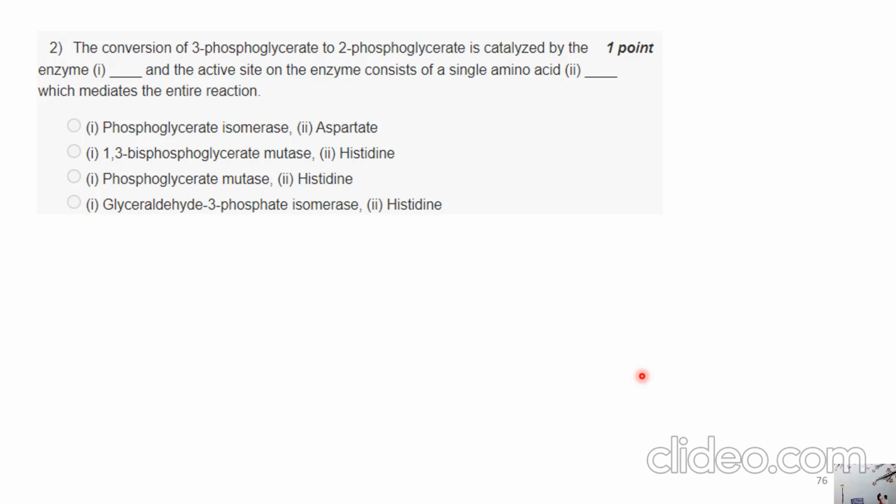We'll check the glycolysis pathway. So the answer is phosphoglycerate mutase, and the amino acid responsible that mediates the entire reaction will be histidine.